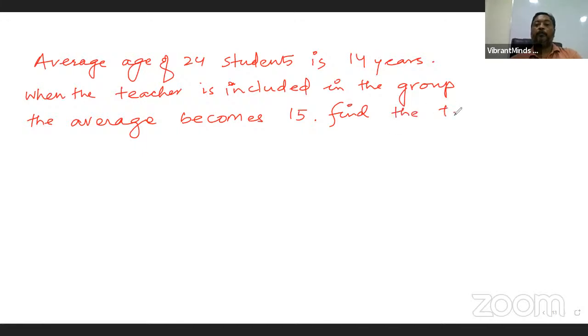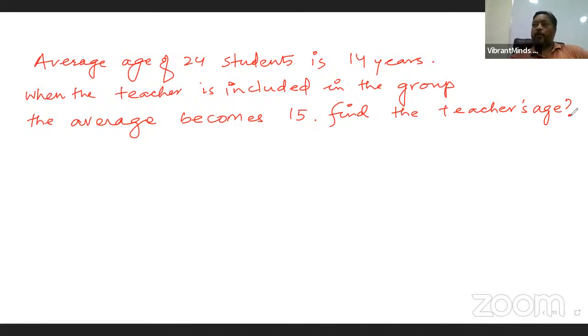Find the teacher's age. Now understand, this question can be attempted without using the pen.